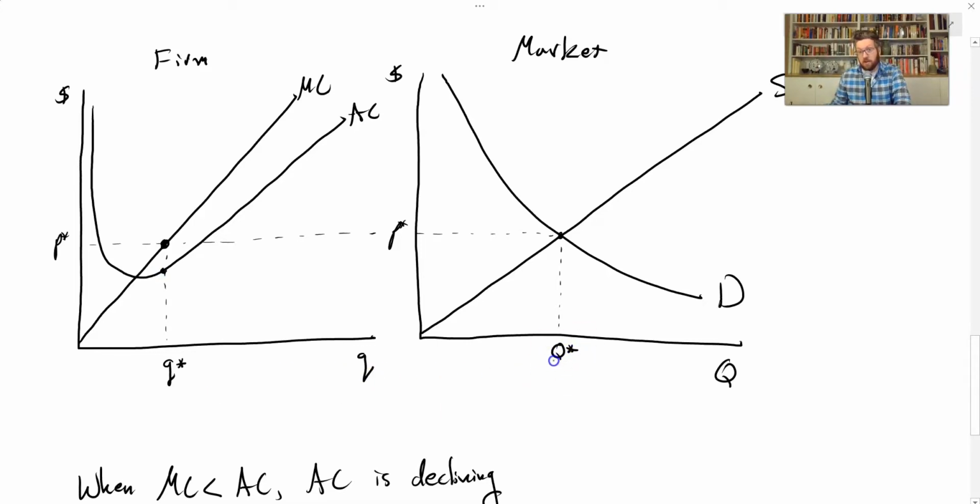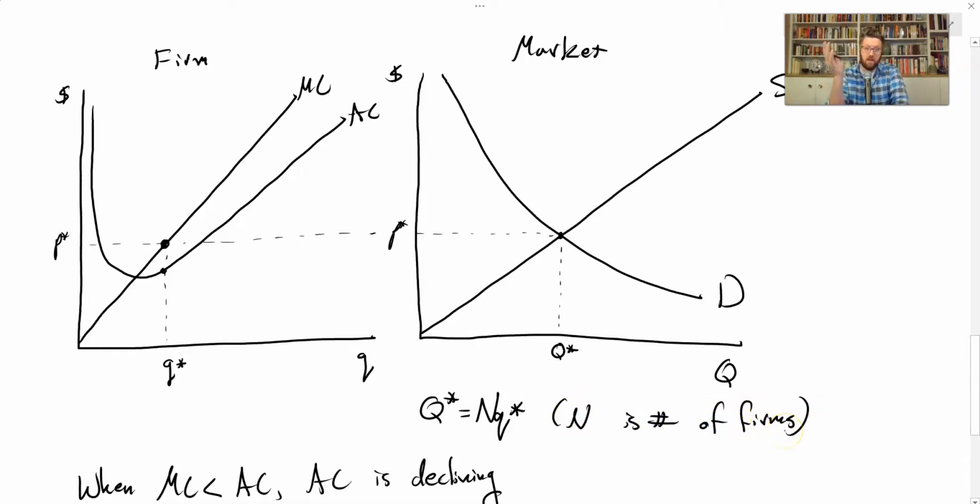the total supply in the market increases, and the supply curve here starts to shift, okay, because remember, capital Q star is equal to N times Q star, where N is the number of firms. So if we have more firms entering because it's profitable, we're going to have more supply because they're each going to supply where price equals marginal cost. That's going to push the supply out, something like this.